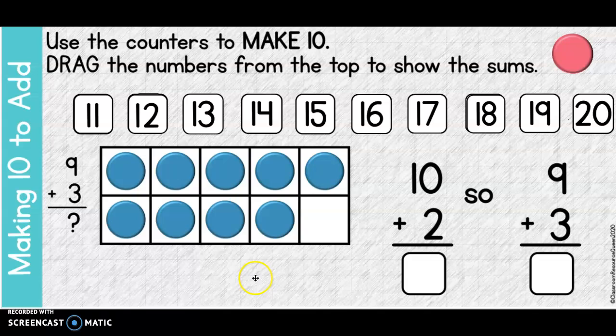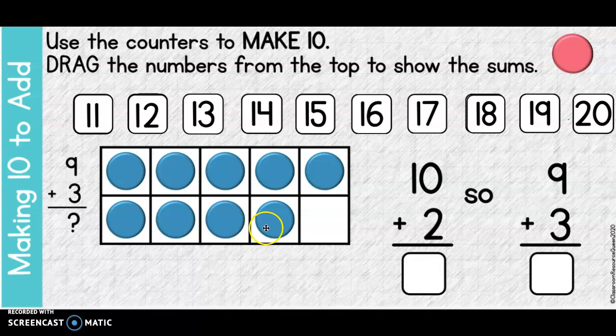So here we go. Our first problem is 9 plus 3. And we see that 9 is represented here in this 10 frame. I know that there are 9 counters here because this is a 10 frame and only one of the spaces is missing. So I can quickly know that 9 is represented here.